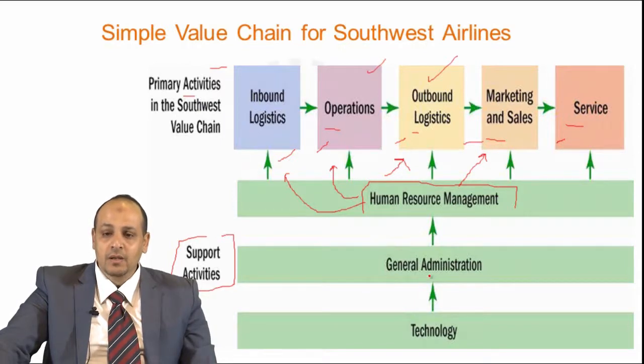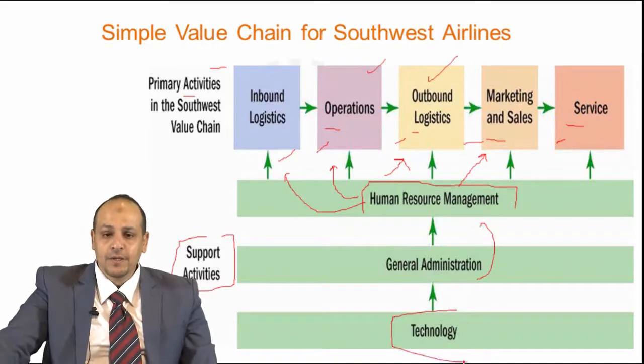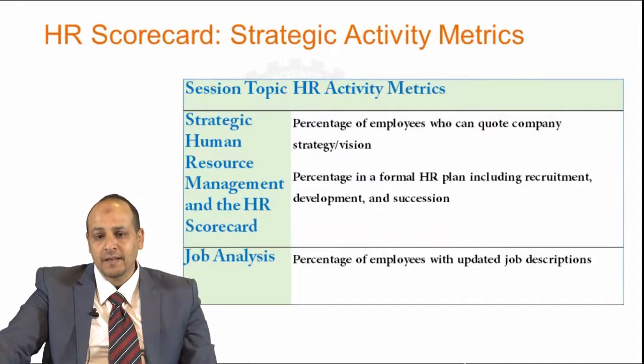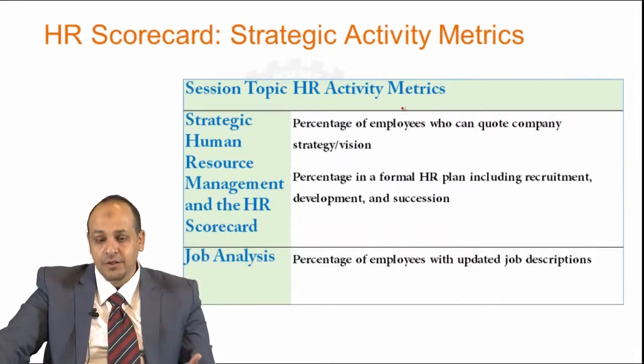And when we talk about coding the company strategy, we're talking about the final output of those employees. The percentage and formal human resource plan, including recruitment, development, and succession, which is the training of managers. So these two things can help the company measure to what extent the strategic human resource management is going quite well.